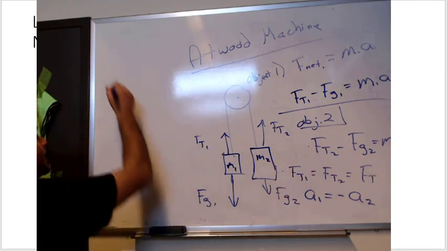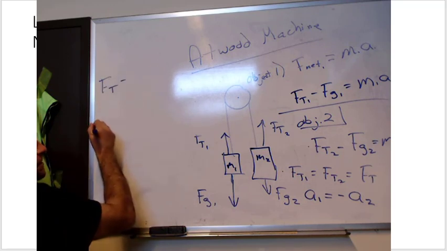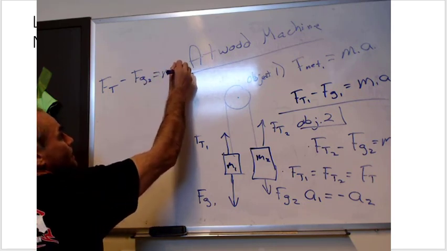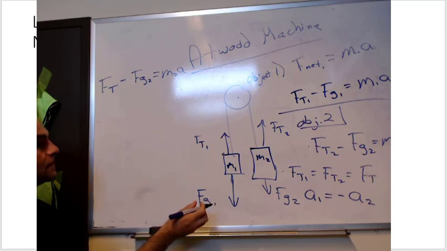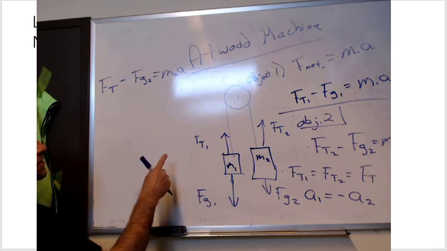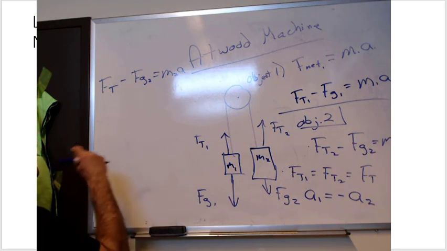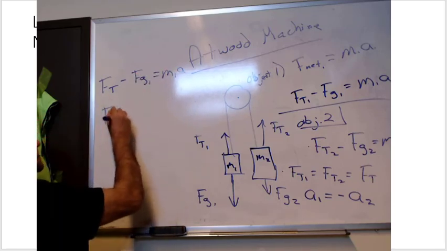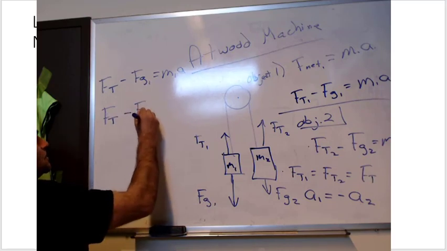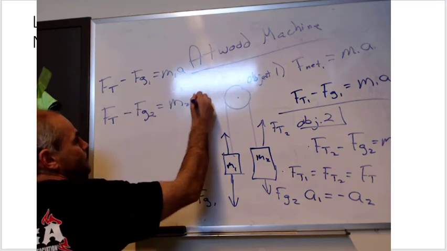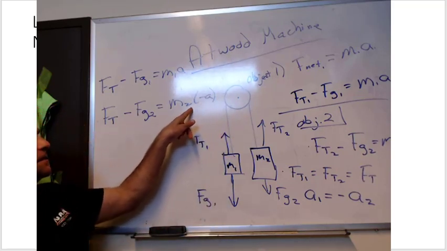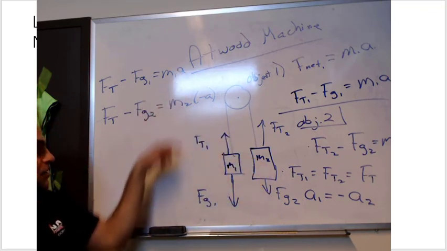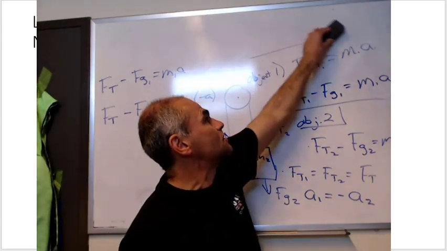I have Ft minus Fg1 equals M1 times A. Then I also have Ft minus Fg2 equals M2 times minus A. I'm making this acceleration negative because it's the bigger mass, so I know it's going to be a downward acceleration, whereas the other one is going to be an upward acceleration, but the same size, just opposite direction.